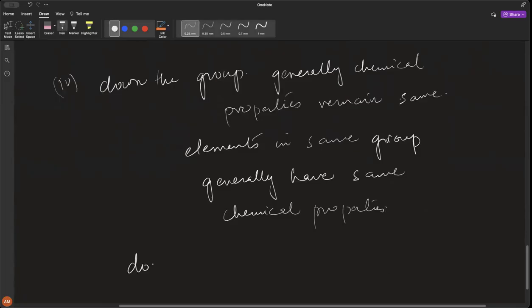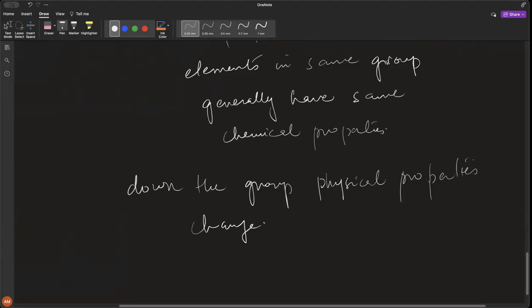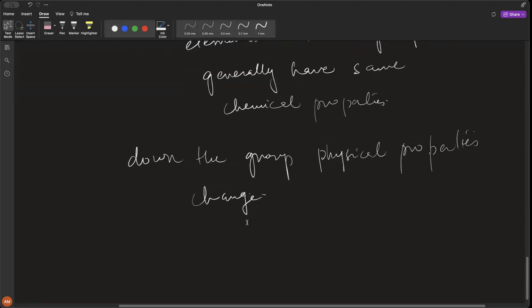All right, down the group, physical properties change.